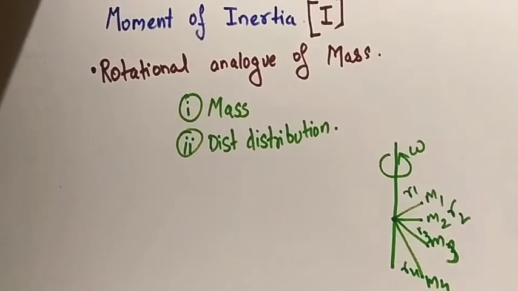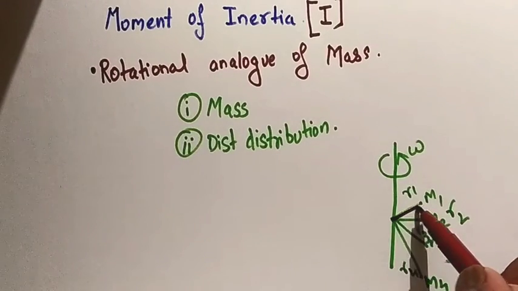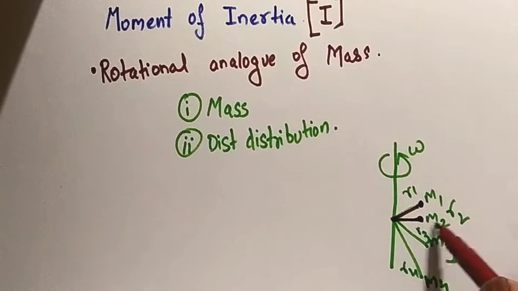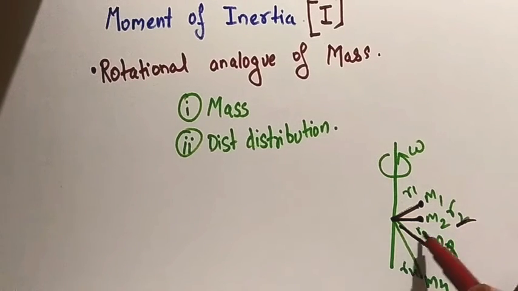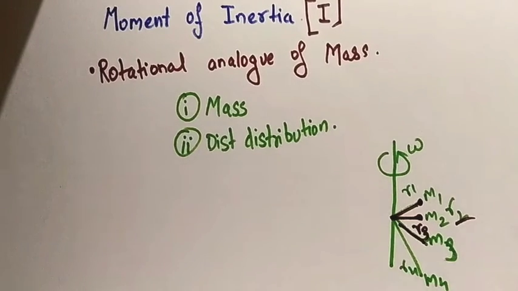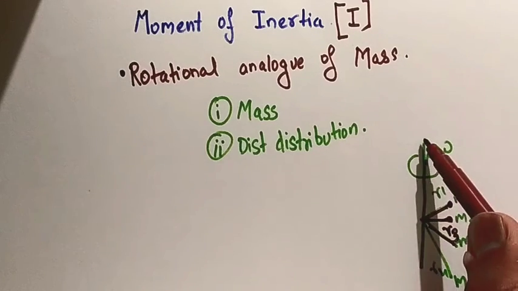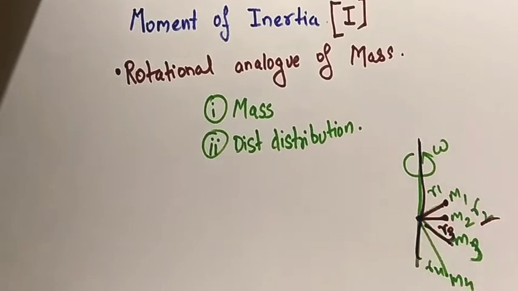We are going to conclude that here mass m1 has a different distance r1, m2 has r2, m3 has r3, m4 has r4. So the moment of inertia concludes that it is the rotational analog of mass, but also takes care of the distance wise distribution of the mass around the axis of rotation.